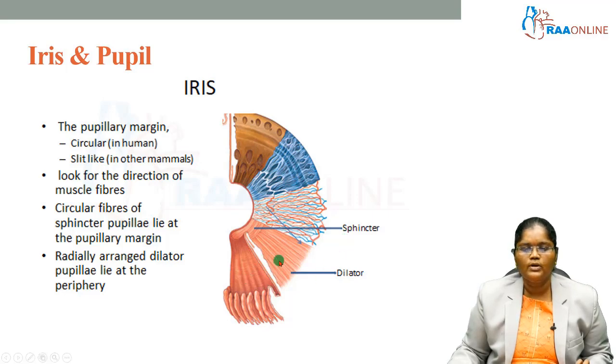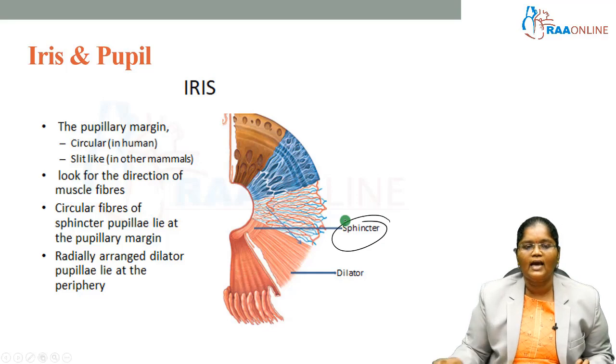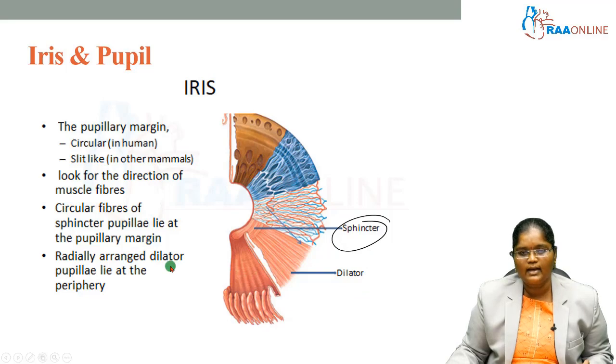It contains two types of muscle. The muscle layer closer to the pupillary margin is the sphincter pupillae. When it contracts, it acts like a sphincter and controls the amount of light entering the pupil. The next one, which is radially arranged, is the dilator pupillae, which dilates in dull light.